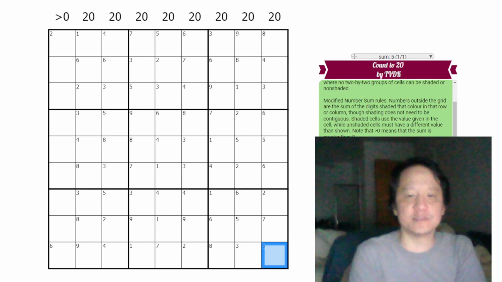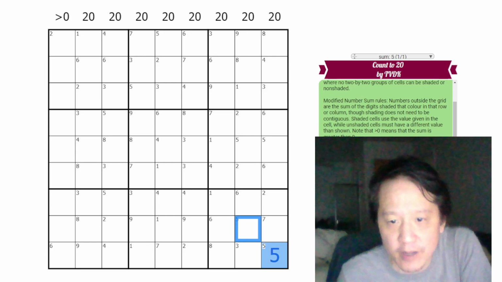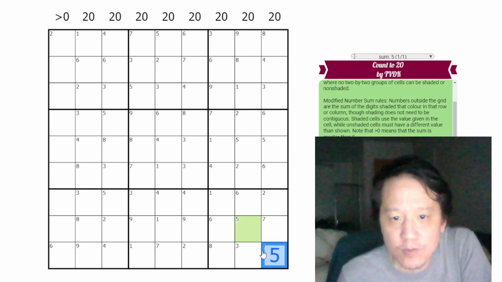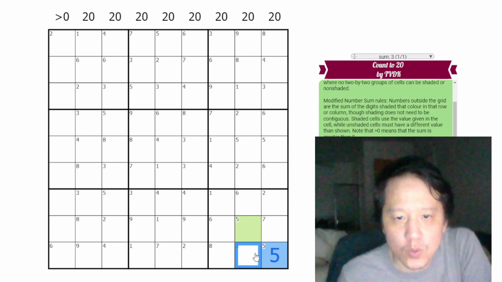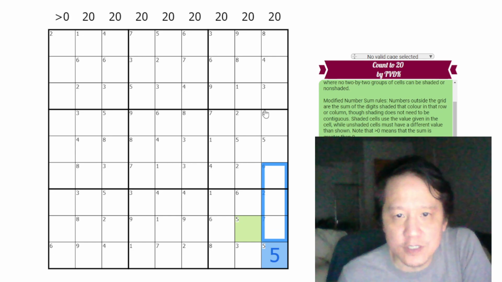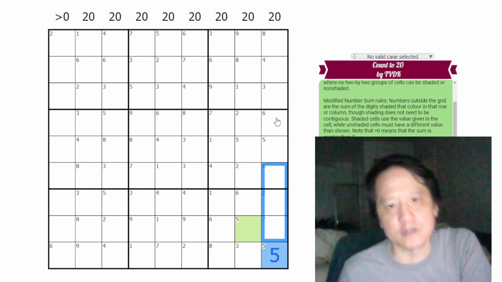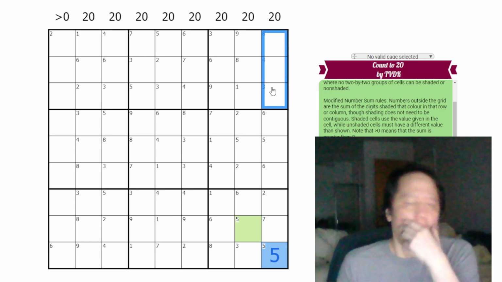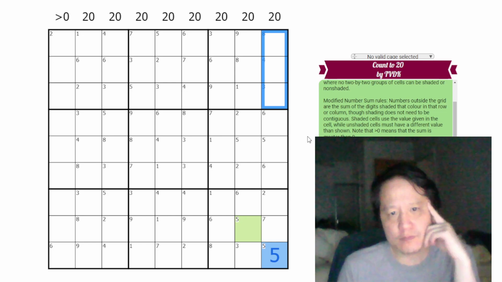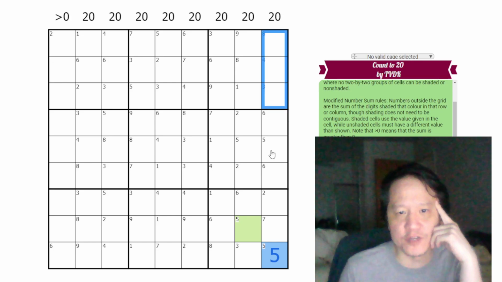So for one thing, we know this is shaded. So this has to be a 5, which means, well, we already knew this was unshaded. So this cannot be a 5. This is either 726 or 843, because it has to add up to 15 either way.